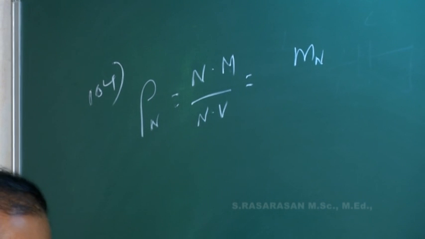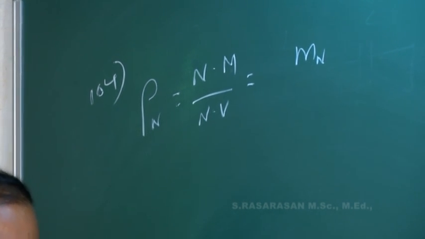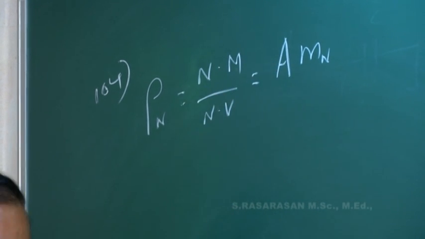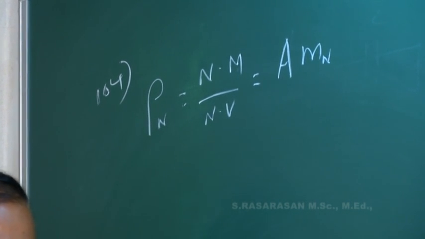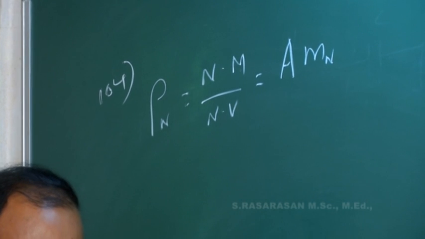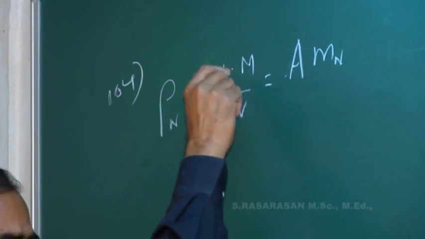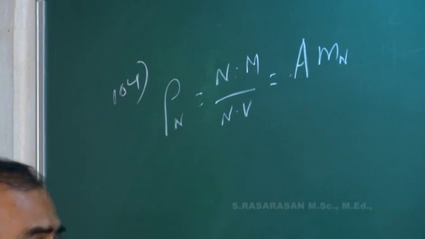In any nucleus, the sum of the number of protons and neutrons is called mass number or nucleon number, symbol A. The mass of one nucleon is Mn, and there are A nucleons. So A into Mn is the mass of the nucleus, what we call nuclear mass.